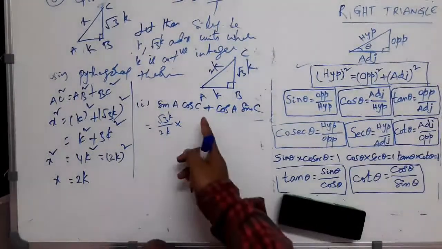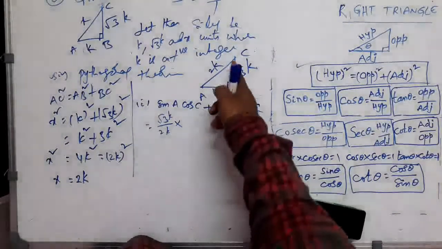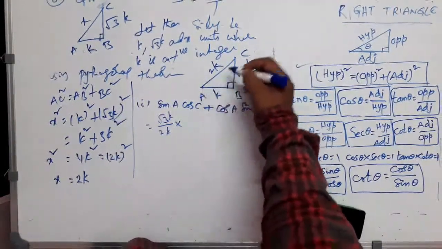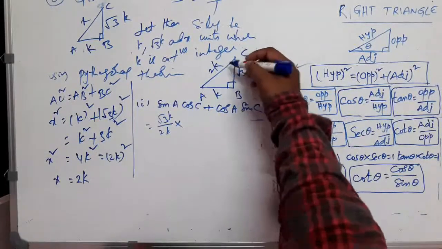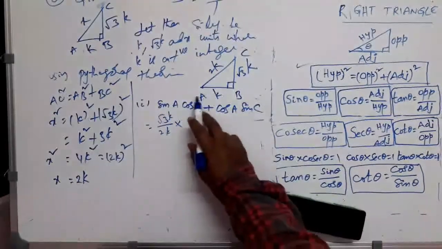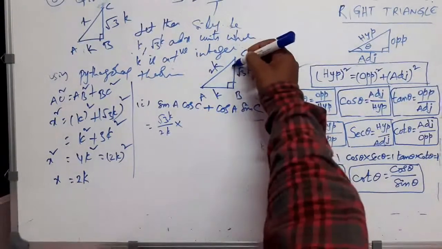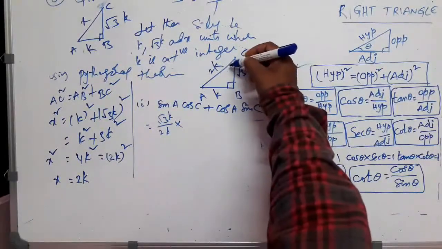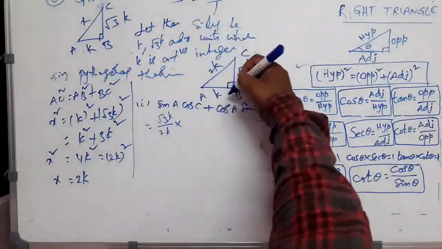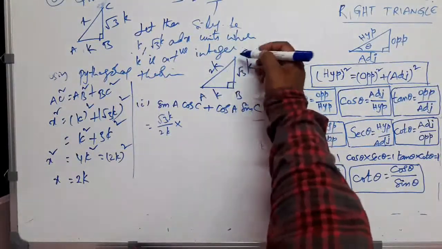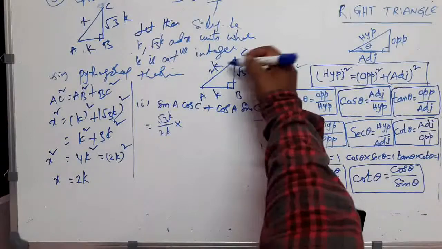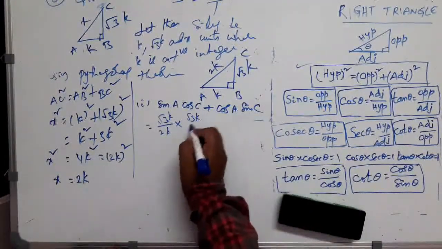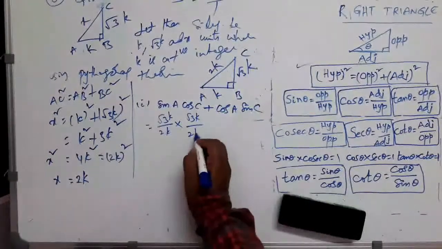See, where is angle C? This is vertex C, this is angle C. For this angle C, cos is adjacent side by hypotenuse. This is the opposite side, this is the adjacent side, this is the hypotenuse for this angle. So, adjacent by hypotenuse is root 3 into k divided by 2k.